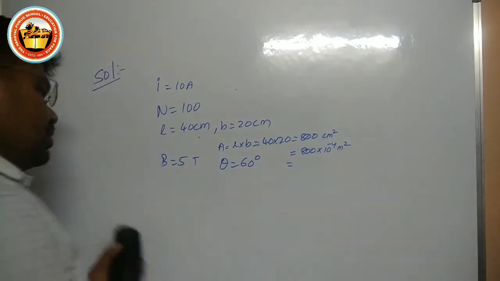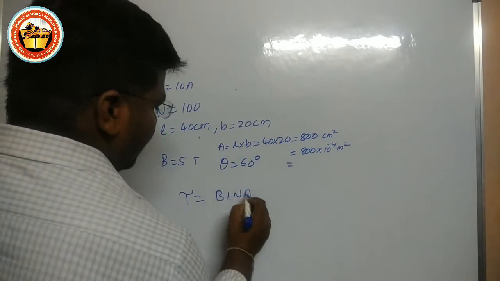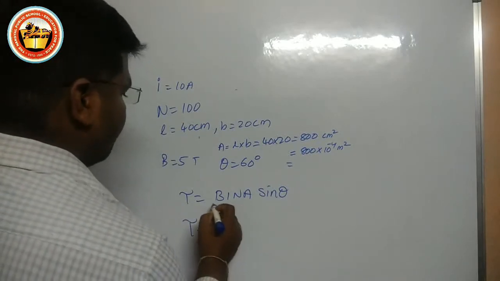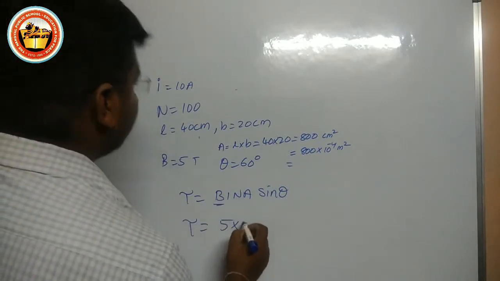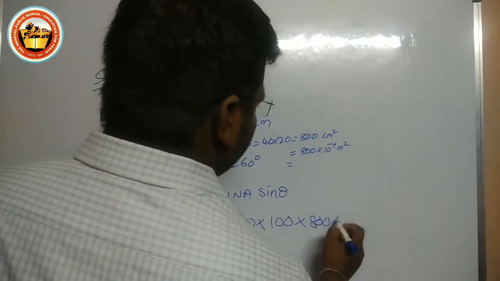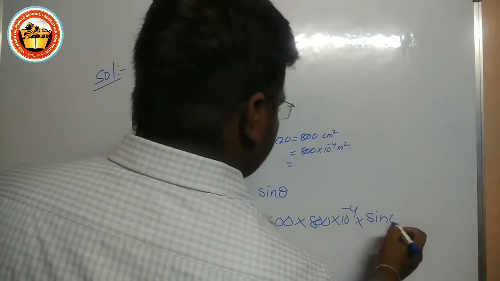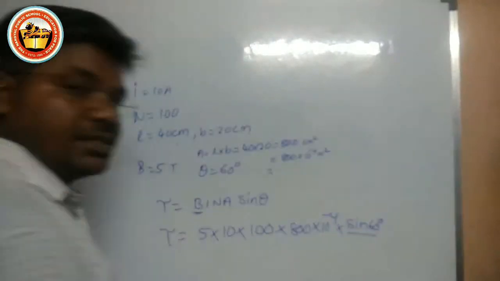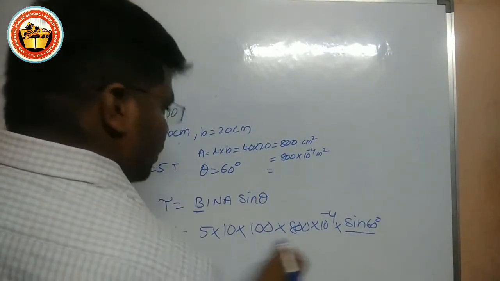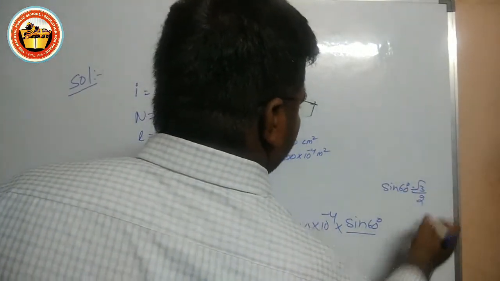Understand? So what is the expression? Tau is equal to BINA sin theta. Tau is equal to B, which is 5, into 10 into 100 into area, 800 into 10 power minus 4, into sine 60 degrees. Sine 60 degrees is root 3 by 2.